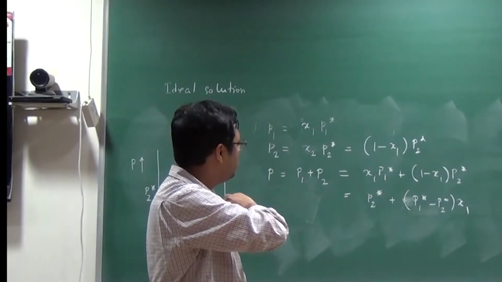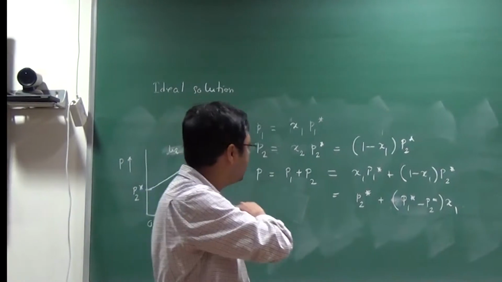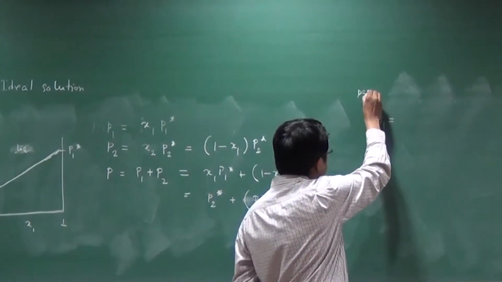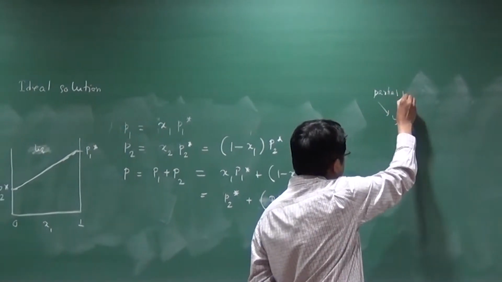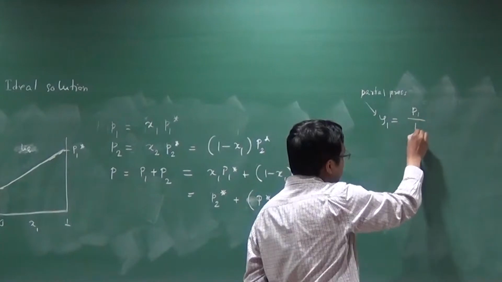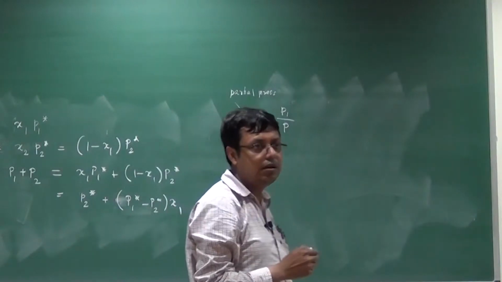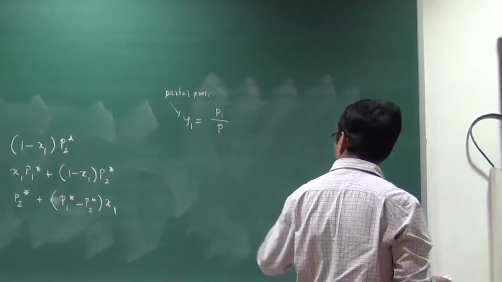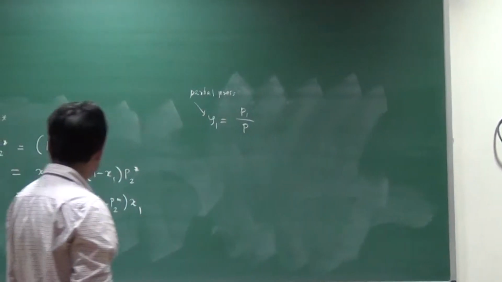P is basically the total pressure, and this is the partial pressure. Partial pressure means the pressure divided by the total pressure, of 1.